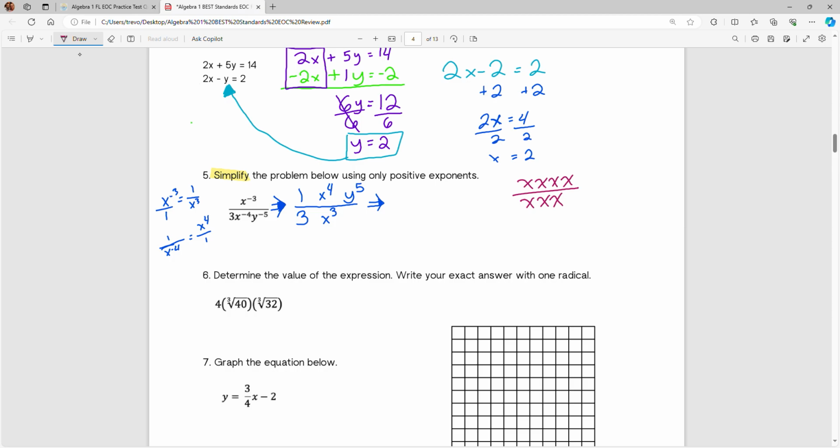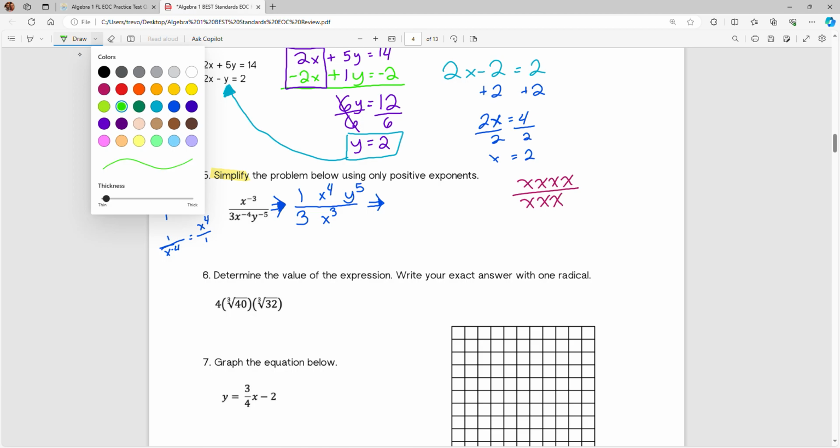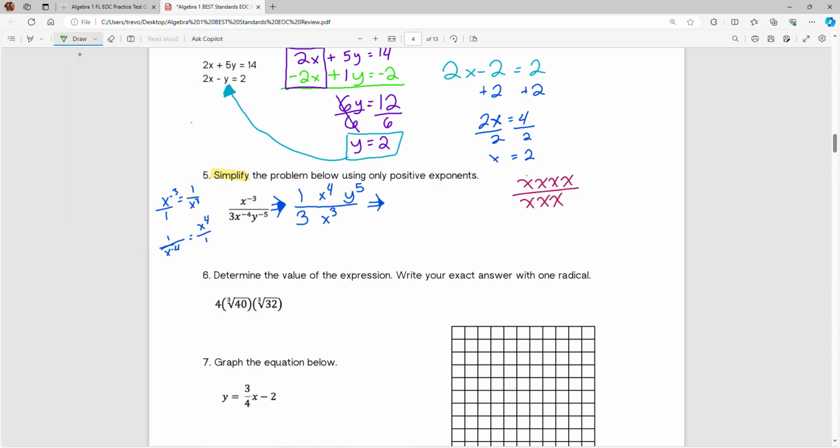And what this means right here is x divided by x is equal to 1, 1, 1. So these all simplify out, and I'm just left with that one x there.